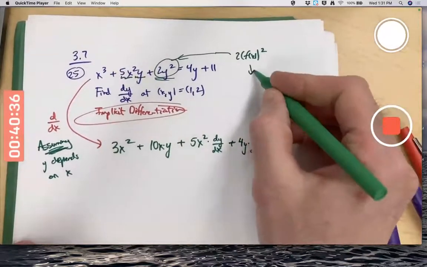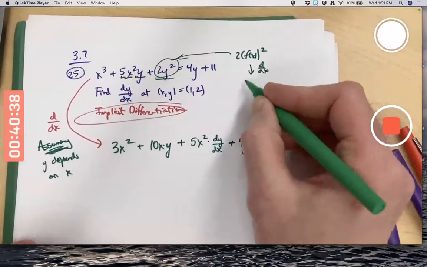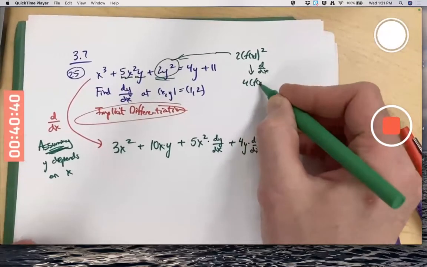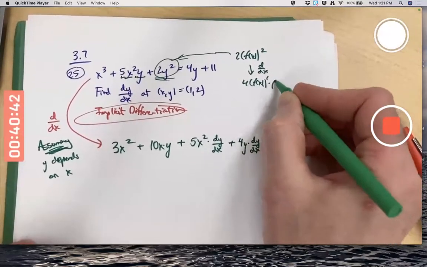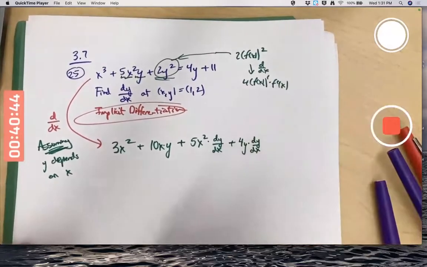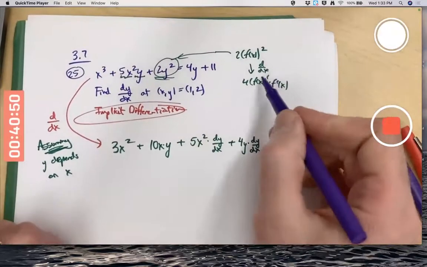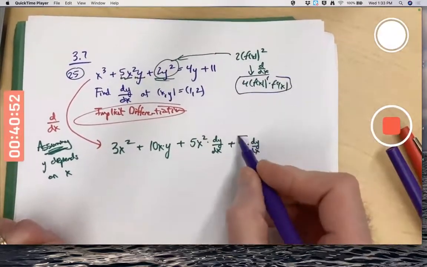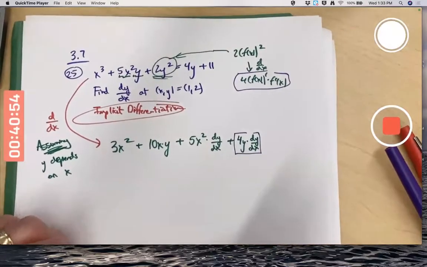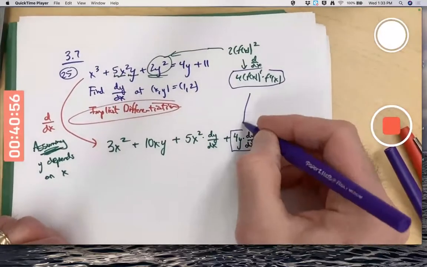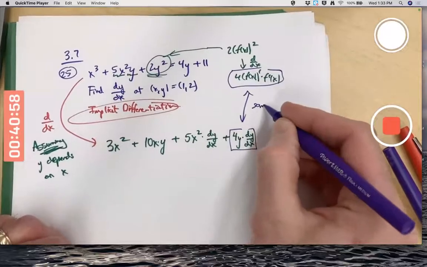If you took d/dx here, you'd write it as 4 times f of x to the first power times, by the chain rule, f prime of x, the derivative of the inside function. But remember, y equals f of x. These two expressions are the same thing, just different symbols.